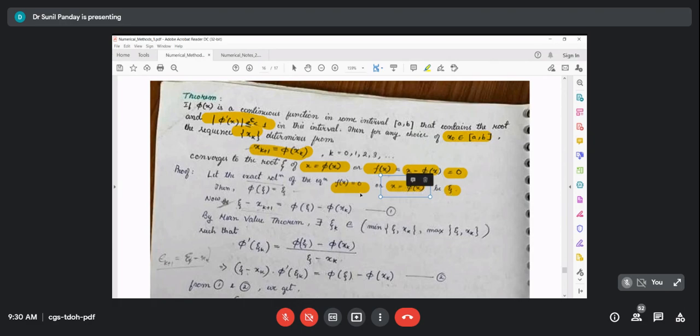So if xi is the root of f x equals 0, then putting xi here, we get xi minus phi of xi equal to 0, and finally phi of xi equals xi. So if xi is the root of the equation, then xi is the fixed point of the function phi x. So phi xi equals xi, as xi is the root of the equation f x equals 0.